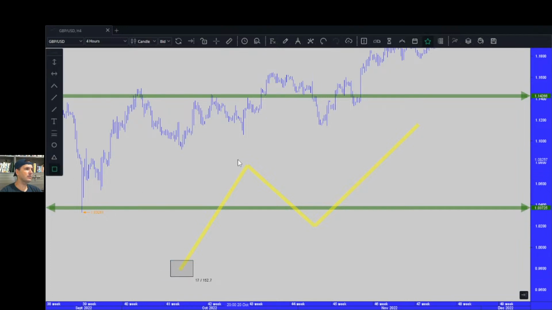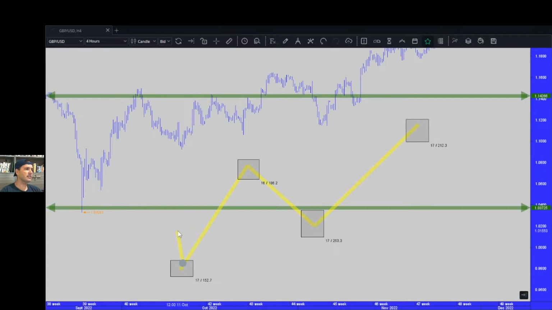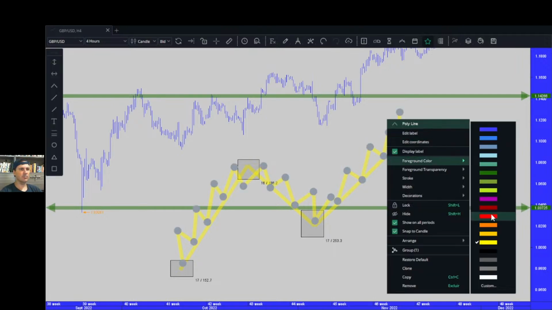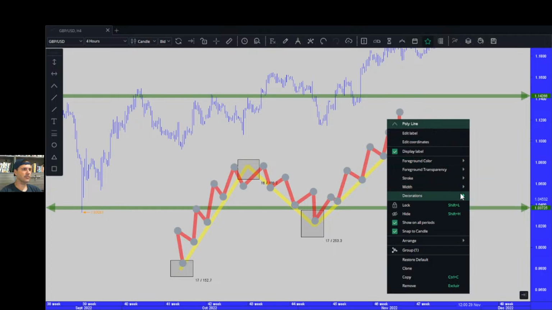This is a low, this is a high, this is a low, and this is a high. Relevant highs and lows are borderlines between retracements and extensions. Lesson number 3, I believe. Borderlines.